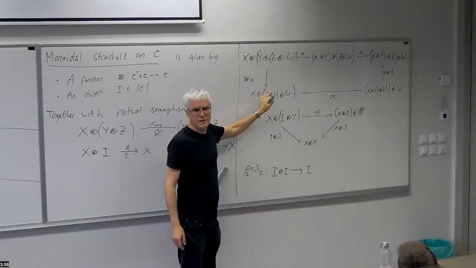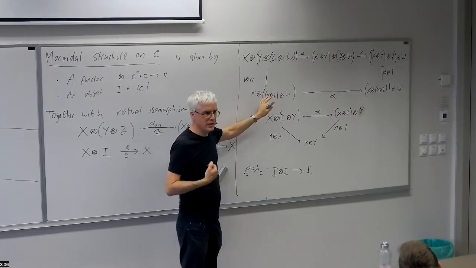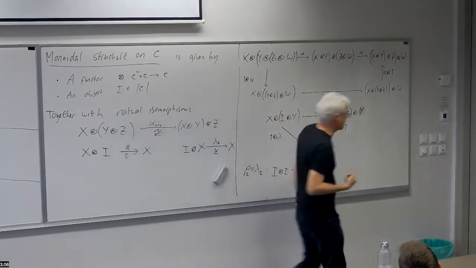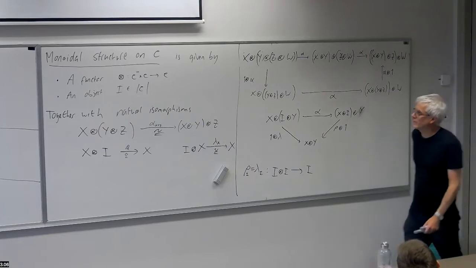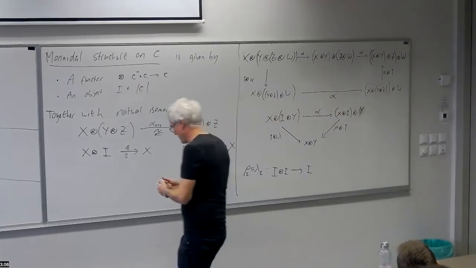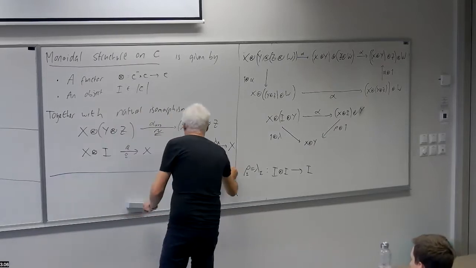Any two different ways you have of trying to exhibit an isomorphism are always going to end up being the same. There's actually a mathematical statement of that. I'm not going to go into it, but it's called Mac Lane's coherence theorem for monoidal categories. So a category C with this structure is called a monoidal category.